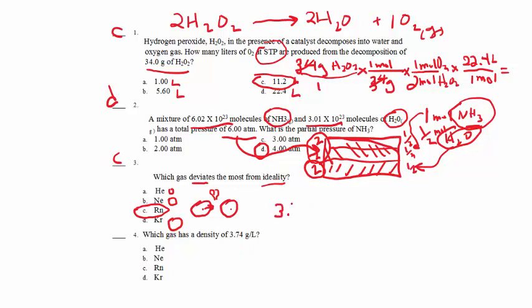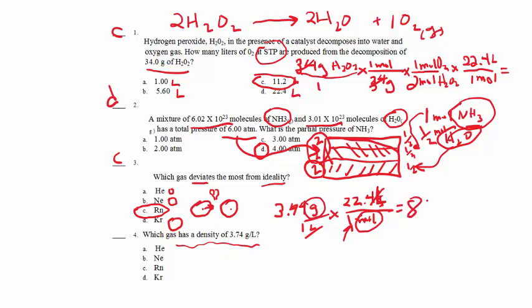Which gas has a density of 3.74 grams per liter? Well, the way you figure this is 3.74 grams per 1 liter. If you think about it, 22.4 liters is 1 mole of a gas at STP. So liters cancel, and I end up having this many grams per mole, which is the molar mass.